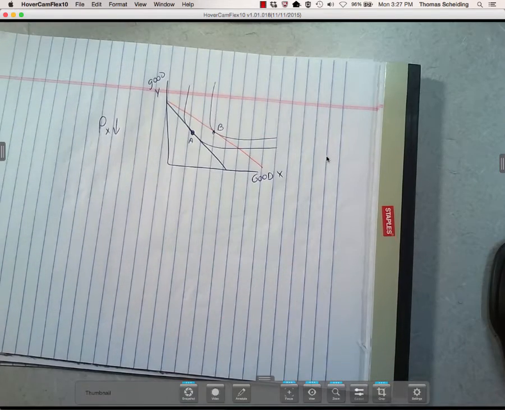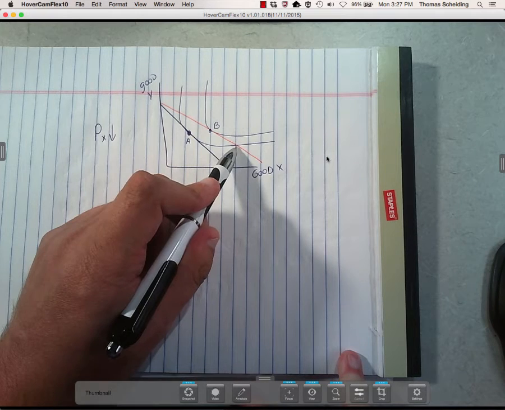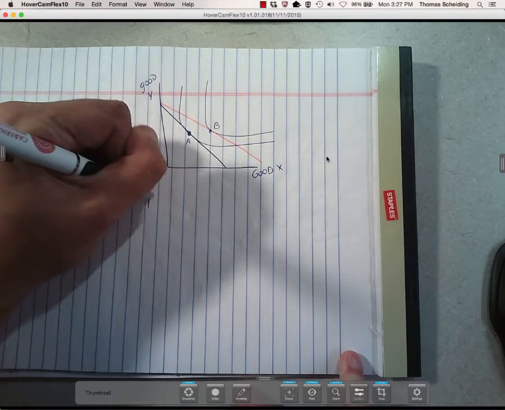So the price of good X was falling. That caused my budget constraint line to pivot outwards. But now I'm consuming more. What if I then change my graph?